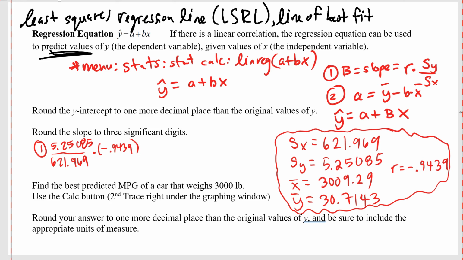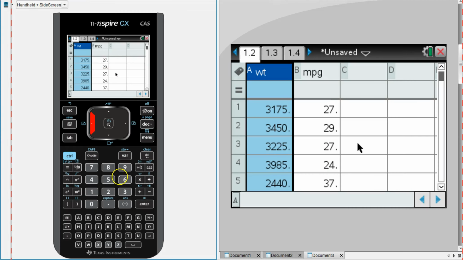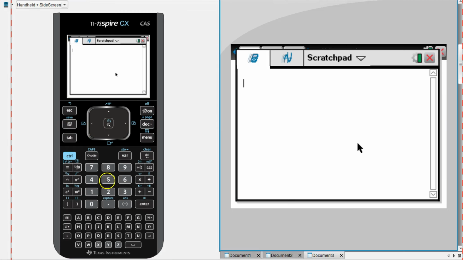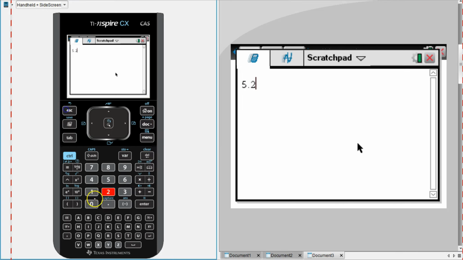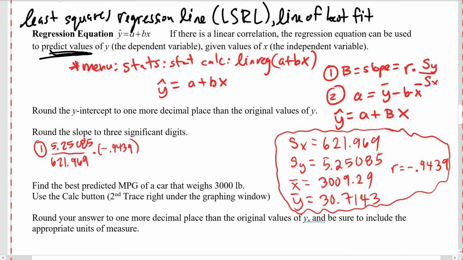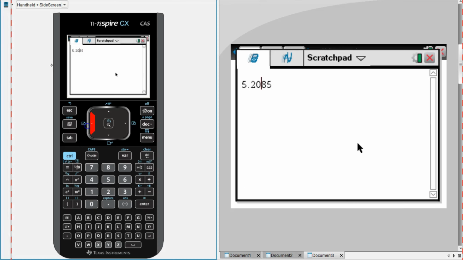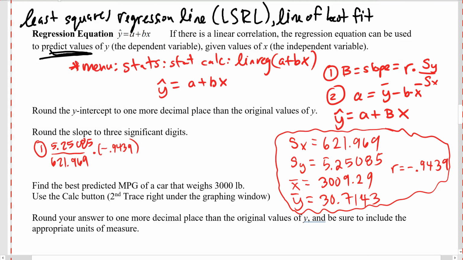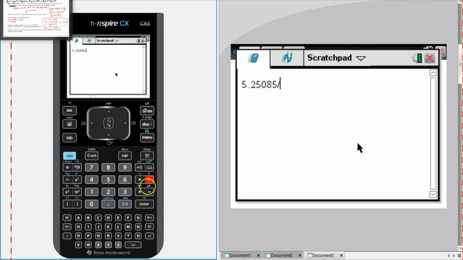Okay, so 5.25085. Let's do this in the scratch pad here. I think I missed something there. And I have a lot of decimals on this just so we can have as little round-off error as possible. Divided by 621.969.